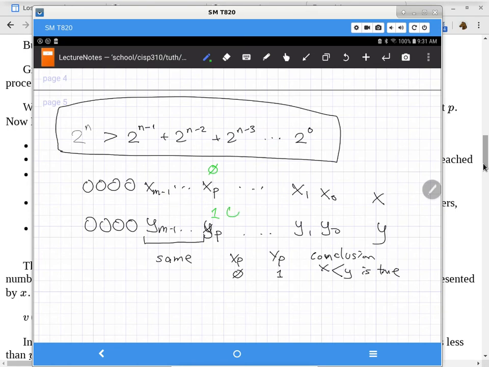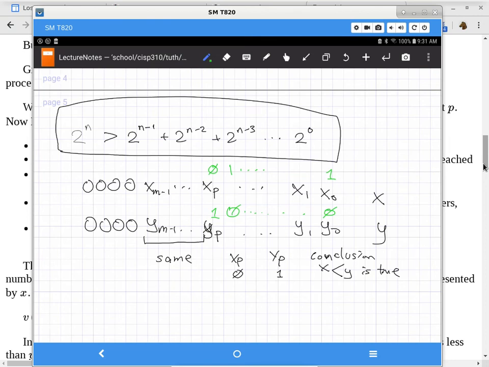In that case, how do we make sure that x is still less than y, even though x has all 1s to the right of xp and y has all zeros to the right of yp? Yes, that particular bit has a greater value than all the other bits put together.